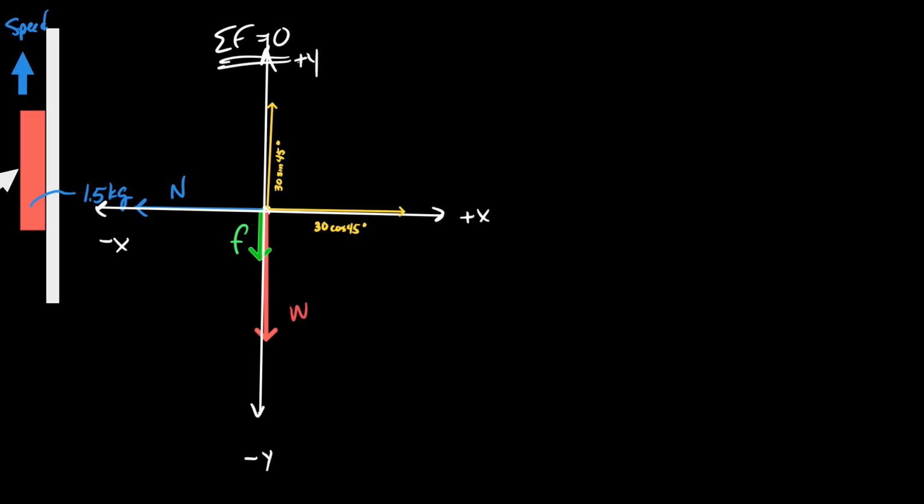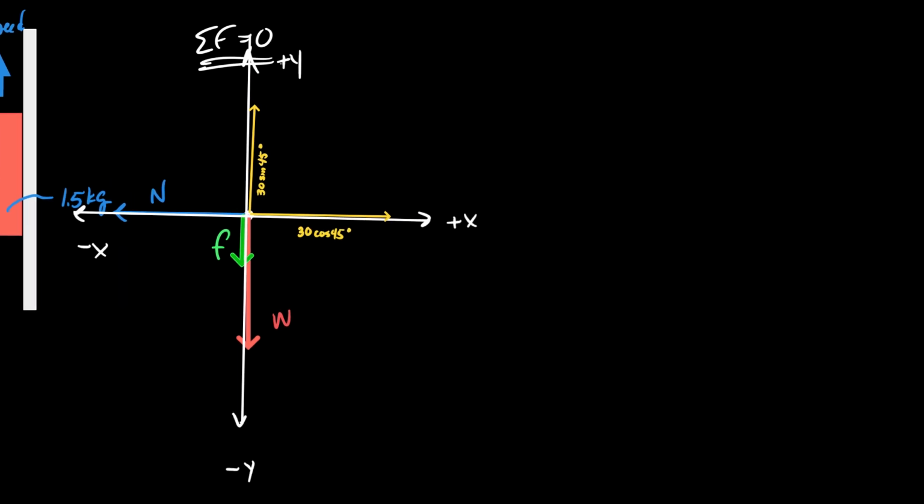Because that brings us to step 3. Apply Newton's laws. Net force in the x direction equals 0. Net force in the y direction equals 0. Now, we just add up all those forces and set them equal to 0. That's what it says to do. So I'm going to go through and just kind of cross off the ones as I grab them.